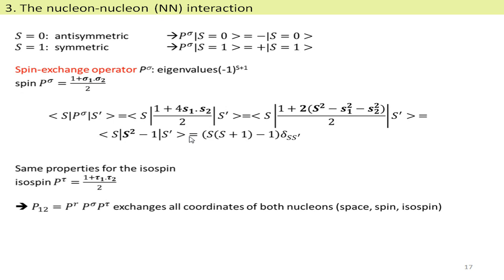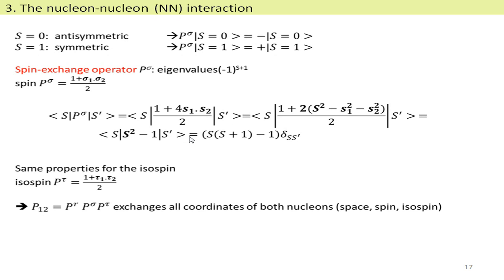So you have the definition of P sigma, and this will be important for the nucleon-nucleon interaction I will talk about in a moment. And of course, you can make the same discussion for the isospin, and you will have an isospin exchange operator, which is written simply by changing sigma into tau. So tau is 2 times the isospin operator.